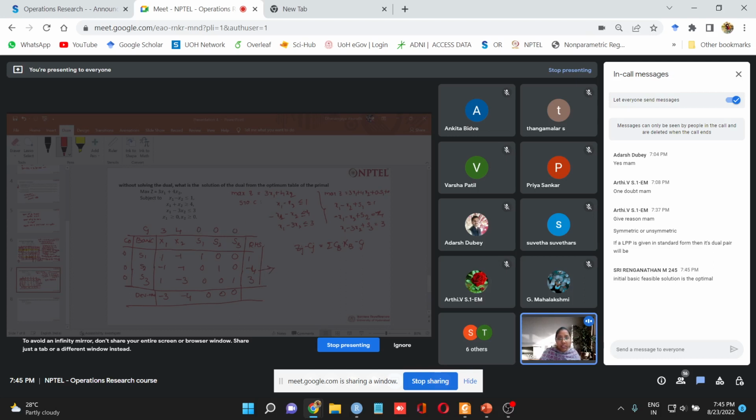And how can you tell? Symmetric or unsymmetric? Who asked this? Aarti? I did not get your question. Symmetric or unsymmetric? Can you ask in detail?